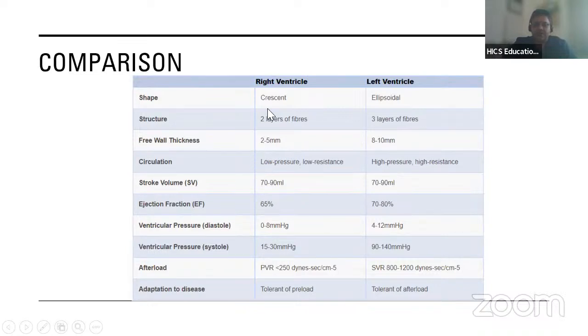In the circulation, the right ventricle works in a low pressure, low resistance circuit, whereas the left ventricle works against a high pressure, high resistance circuit for the same stroke volume, with the ejection fraction probably 5% less on the right side when compared to the left side. The ventricular pressure during diastole is between 0 to 8 millimeters of mercury, and the afterload faced by the right ventricle is also less, at less than 250 dynes seconds per centimeter to the power 5.